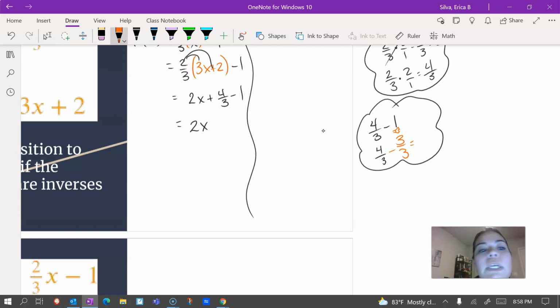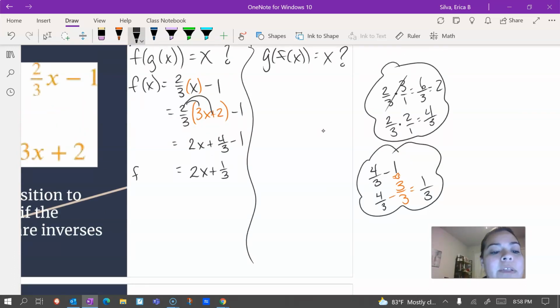And 4 minus 3 is equal to 1, and we keep the denominator, so that's plus 1/3, and that's as far as we can simplify it. So f of g of x does not simplify to x. Because it doesn't simplify, that automatically means that they are not inverses.